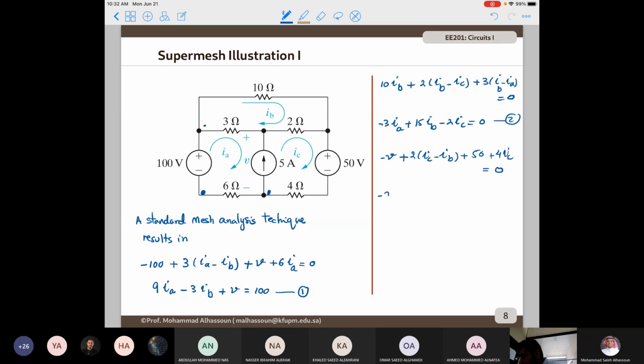So if we simplify it, we'll end up with minus 2 IB plus 6 IC minus V equals minus 50. So you notice here we have 3 mesh currents, IA, IB, and IC, and we have to find the voltage across the current source. So we need to eliminate V.